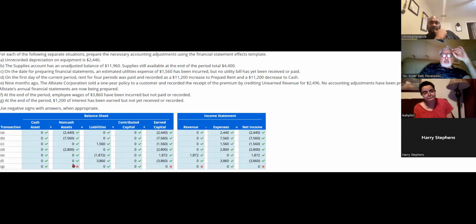What happened to my assets? Up or down? Non-cash assets up. By how much? $1,200. What's the other side of the transaction? Is it a 1,200 expense or a 1,200 revenue? It's revenue. Yep, I get revenue owed to me, and I earned it during the month of December.